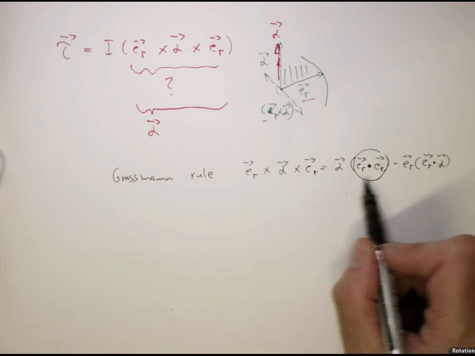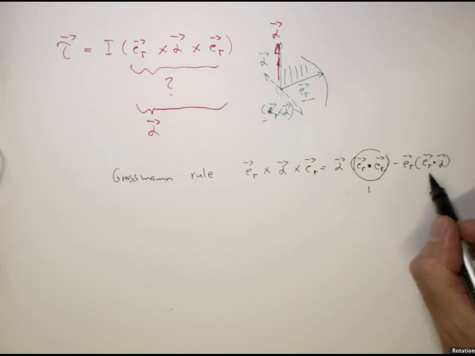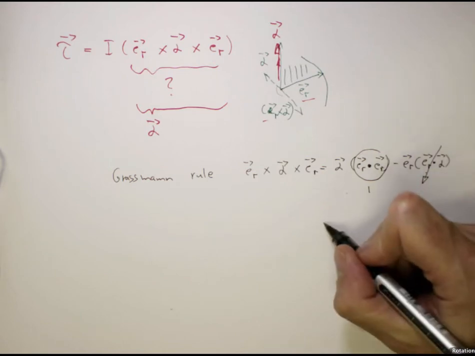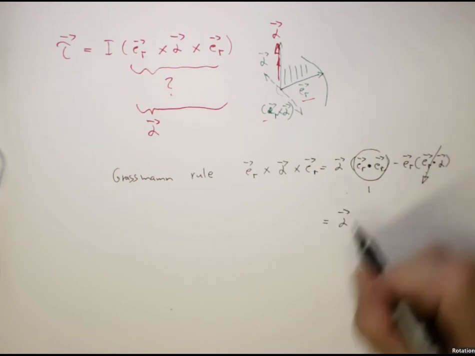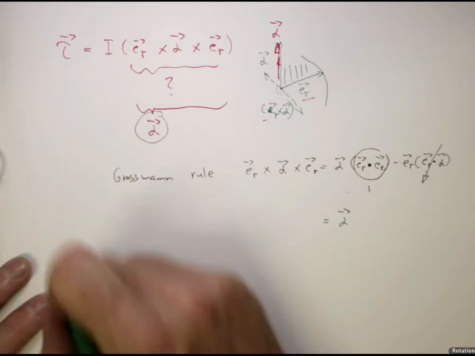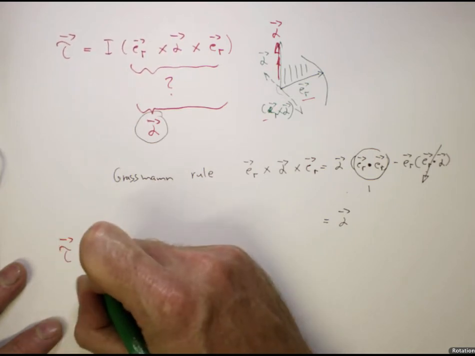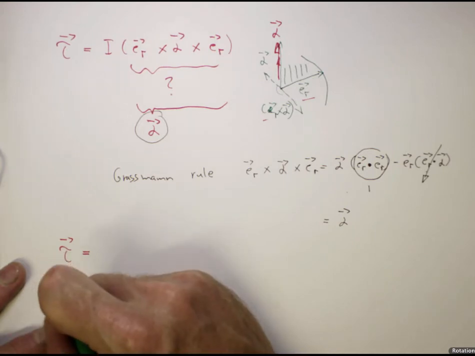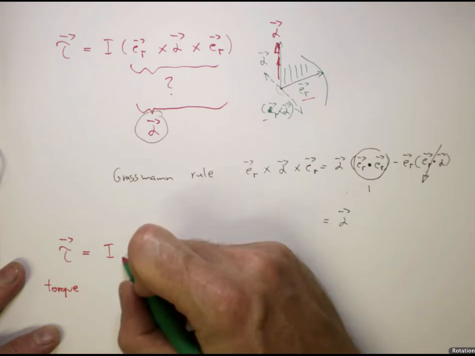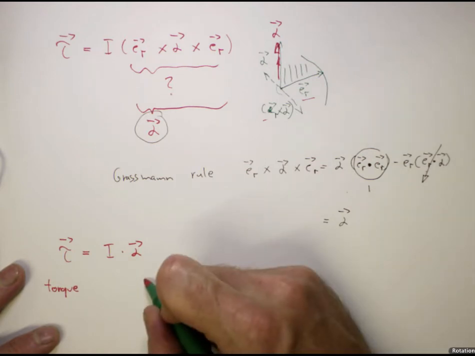And a dot product between two identical unit vectors gives 1, and these two vectors, the radial vector and alpha, are perpendicular to each other, so therefore this gives us 0, and again we find that this term gives us alpha. So after this little excursion into vector algebra, we can then conclude that our new quantity tau, torque, is equal to moment of inertia times rotational acceleration.